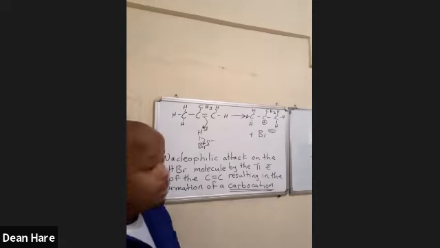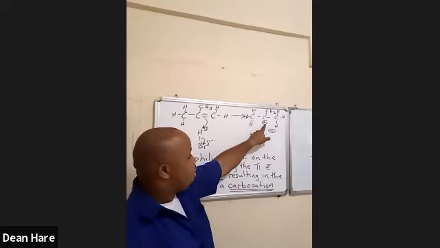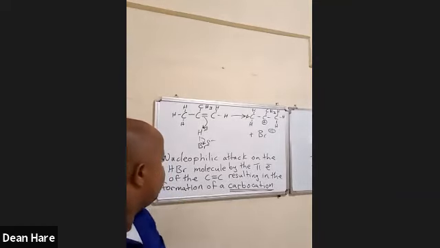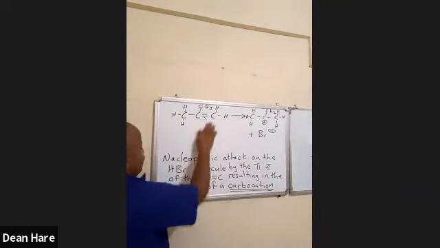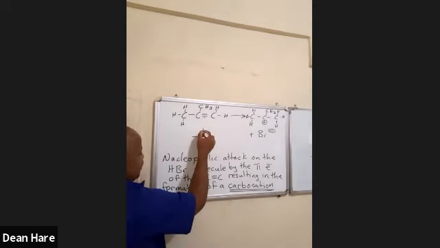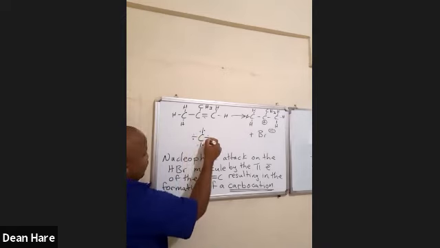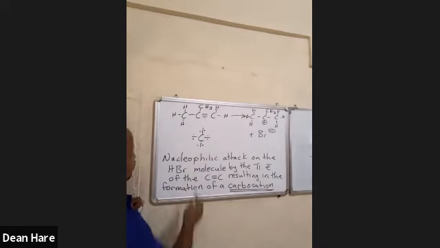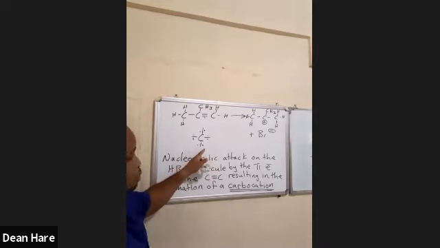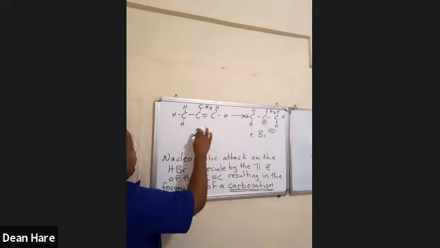A carbocation is when the carbon atom loses electrons. So a carbon atom forms 4 bonds, right? In each of the bonds, you have 2 electrons. That means a carbon atom has 2, 4, 6, 8, so it has 8 electrons in total when it forms 4 bonds.